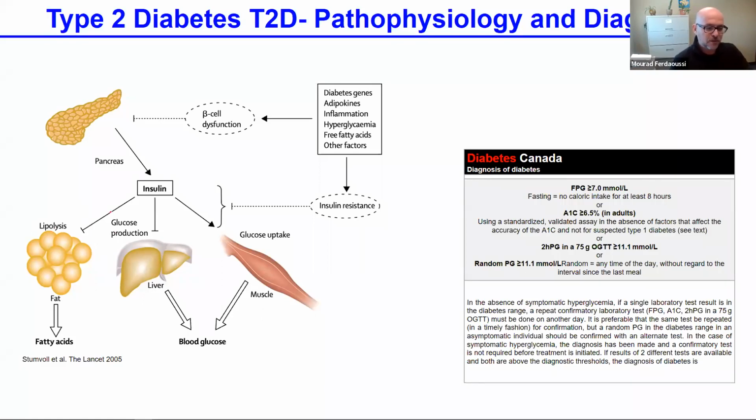So if we have insulin resistance, the glucose is not stored and used, and this participates in the hyperglycemia. Knowing all these mechanisms, the idea of developing a therapeutic strategy is to try to enhance insulin secretion and protect from this insulin resistance.